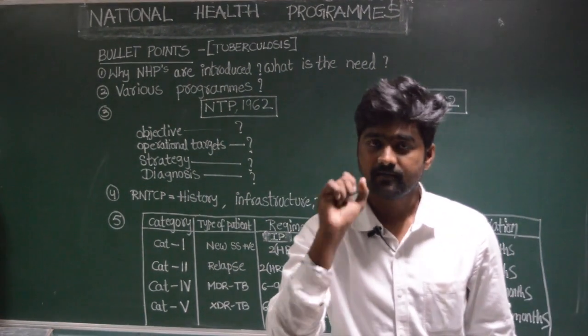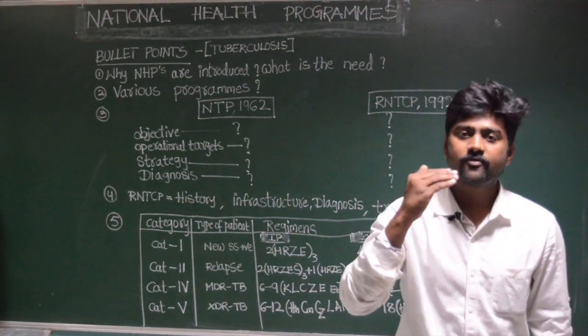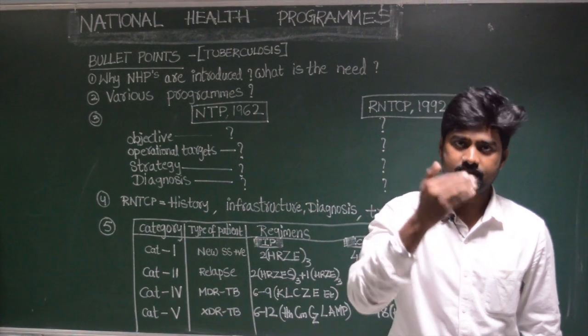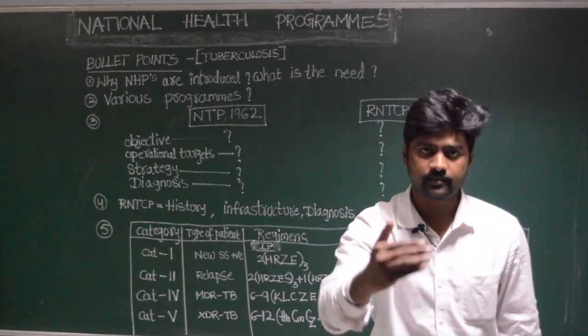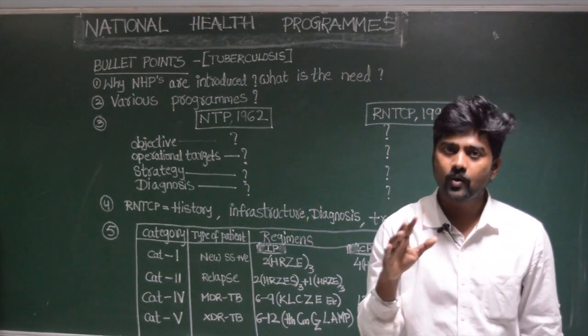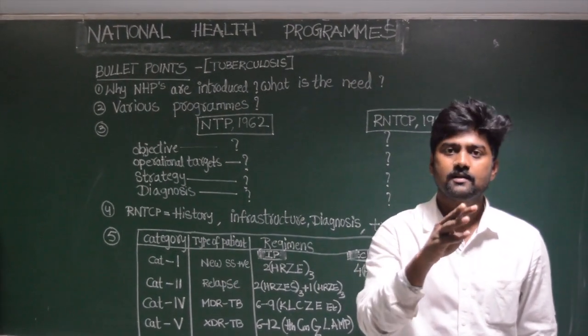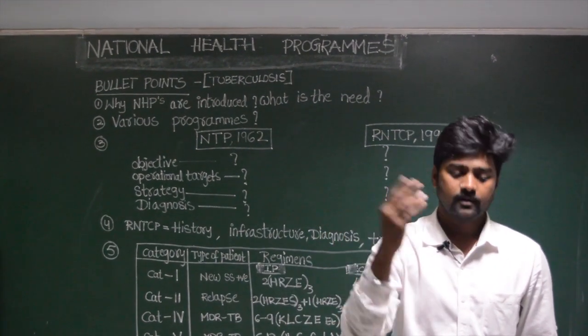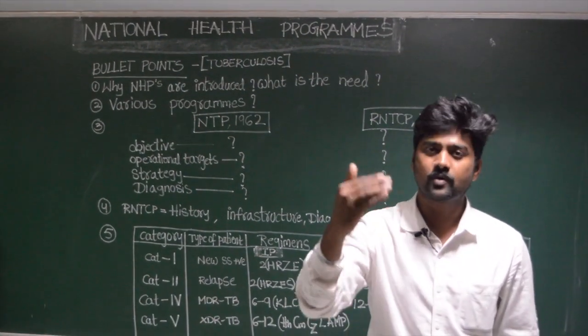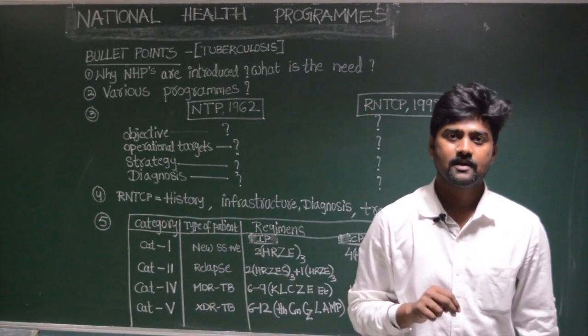Why? First, the number of cases being affected was increasing day by day. It was not reduced due to this program, and also the morbidity and mortality rates increased. There was a gradual increase in these two parameters.